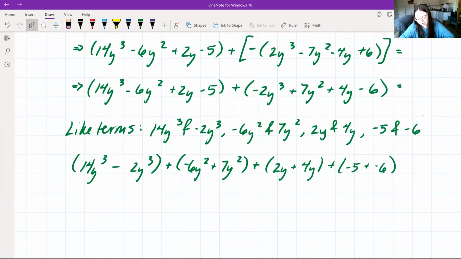So 14y cubed minus 2y cubed is going to give us 12y cubed. -6y squared plus 7y squared is going to give us y squared, or 1y squared. 2y plus 4y will give us 6y. And -5 plus -6 will give us -11.